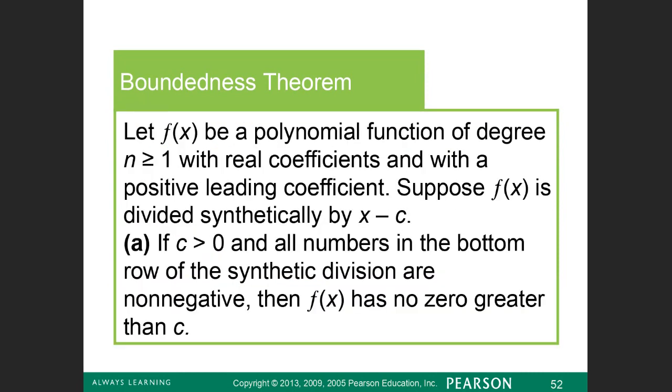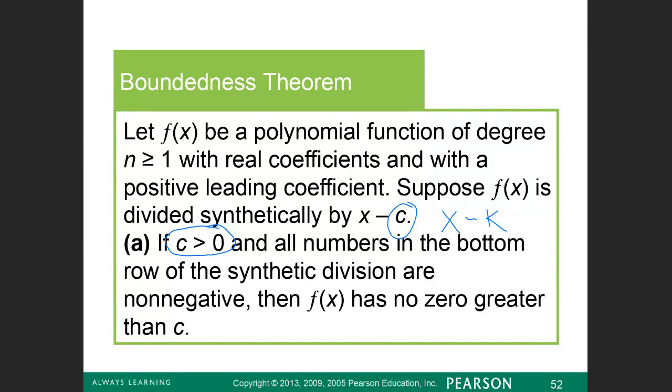Okay, so let's go back to our A here. The keyword here would be C greater than 0. So that would be the positive value for your C. Remember, your C here is similar to your X minus K from the previous formula we've shared to you using synthetic division.